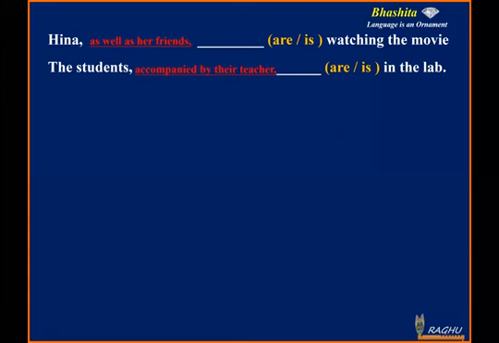The second sentence is the students accompanied by the teacher, the given options are is or are in the lab. Can anyone guess the right option for the given two sentences? You know that if you know the rule, it is very easy to answer them. So let us learn the rule first.